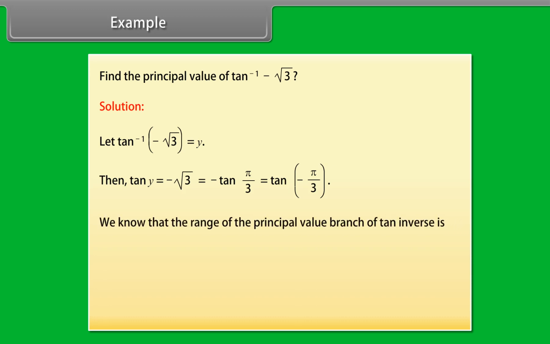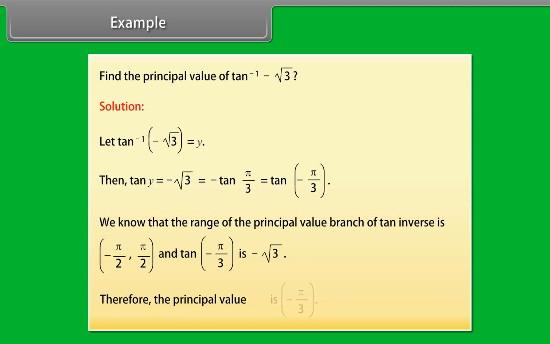We know that the range of the principal value branch of tan inverse is -π/2 to π/2, and tan of -π/3 is -√3. Therefore, the principal value is -π/3.